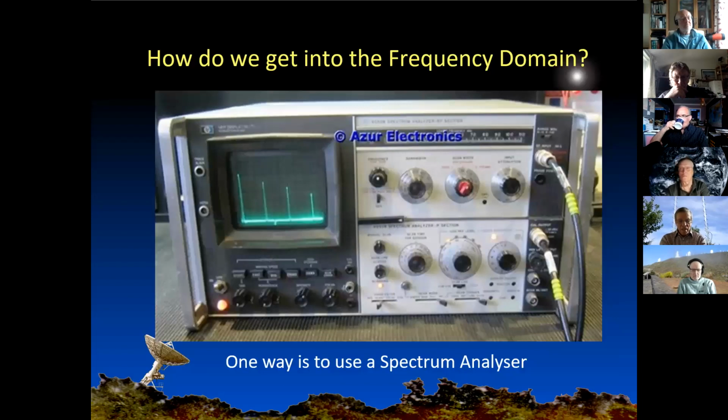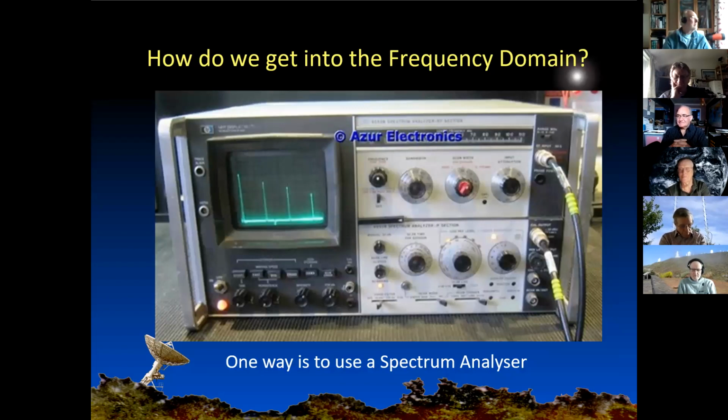So having established that we're working in the frequency domain, how do we get there? Well, the traditional way was a purpose-built piece of equipment. This is an example of a spectrum analyzer for radio frequency stuff. It weighed, or still weighs, 40 kilograms and used to cost about £40,000.